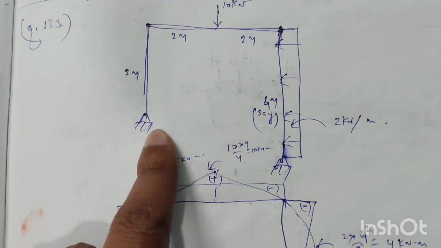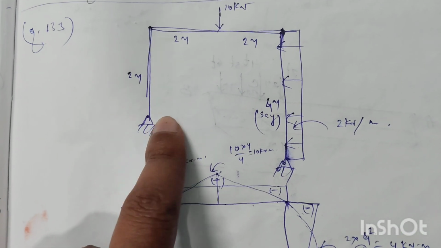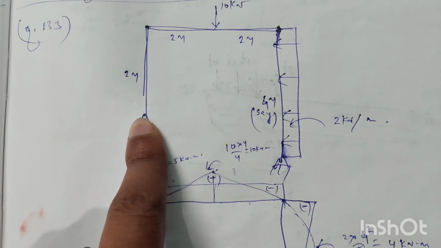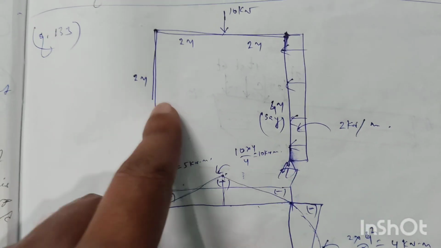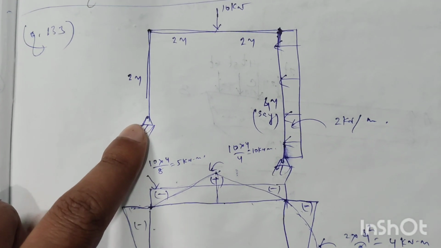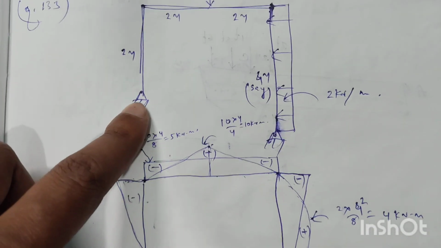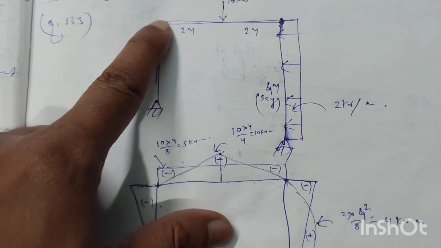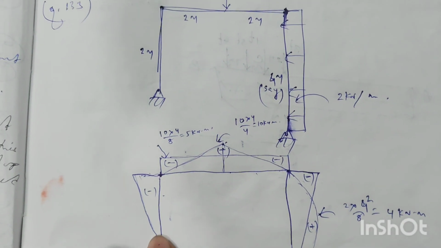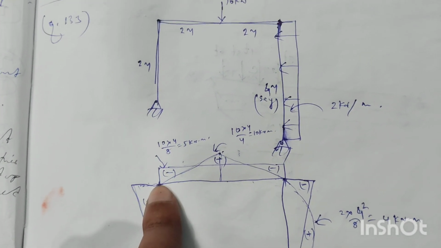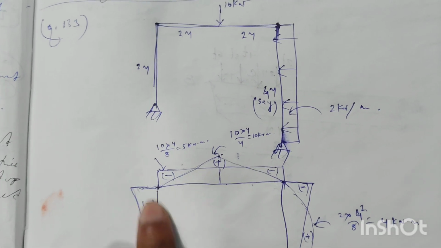So suppose there will be some horizontal reaction at this support, and at that support there will be some horizontal reaction. Now say at this section some horizontal reaction is available, so at this point there will be some moment through this horizontal loading, force into distance, and that moment is negative.